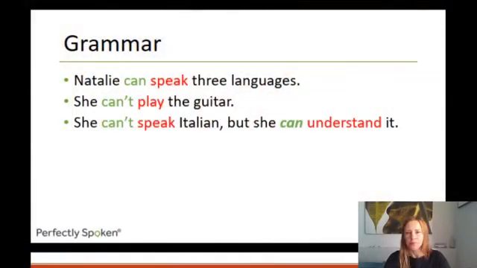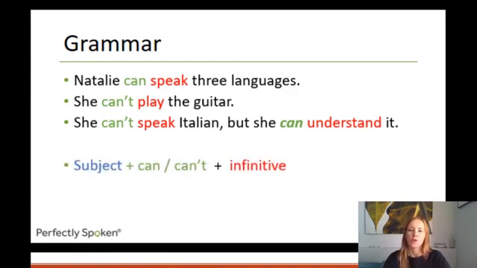She can't speak Italian, but she can understand it. So here, the can is emphasized. Okay, so we're talking about abilities, all right? And here, the can is emphasized. So let's go back and look at the grammar again.